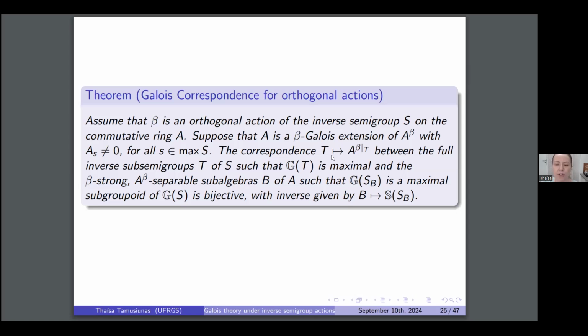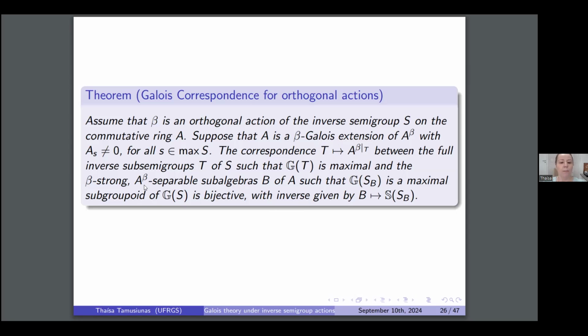Then in this correspondence, there are not all inverse subsemigroups and not all subalgebras. There are some inverse subsemigroups and some subalgebras. And they are in relation with the maximality.